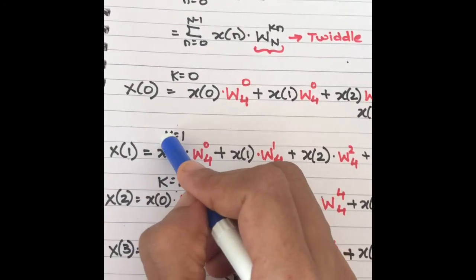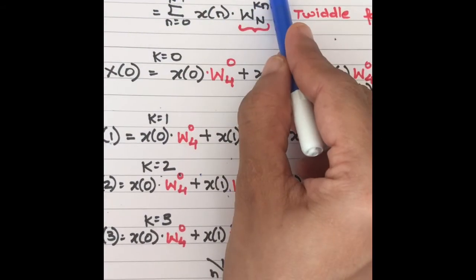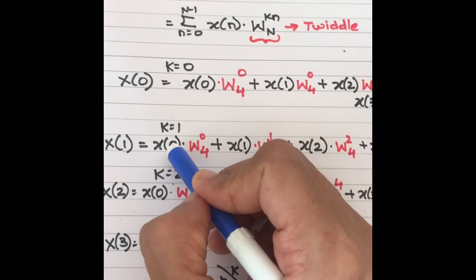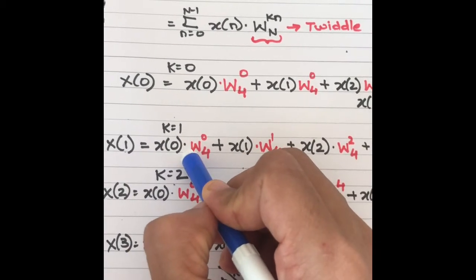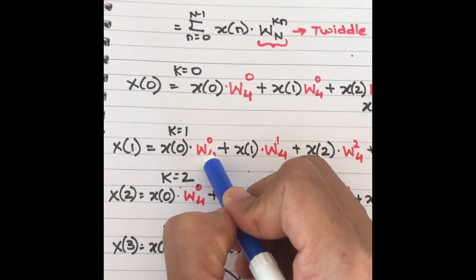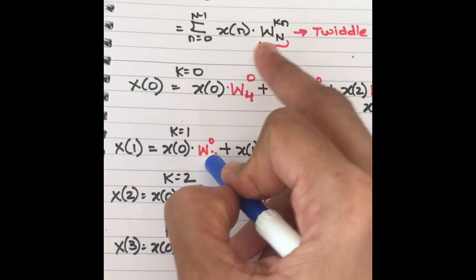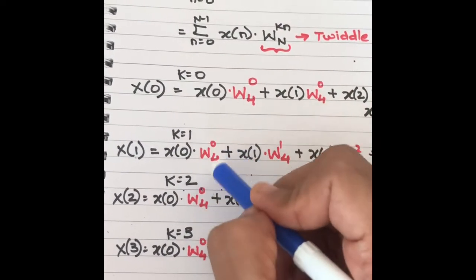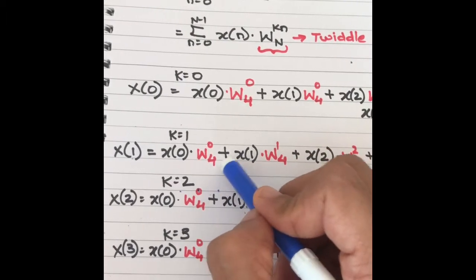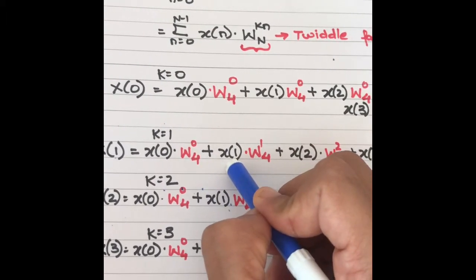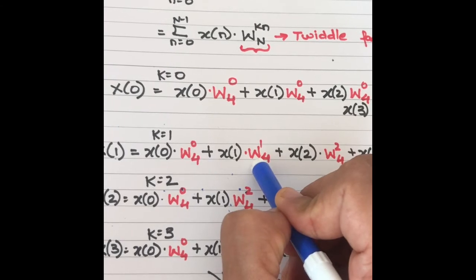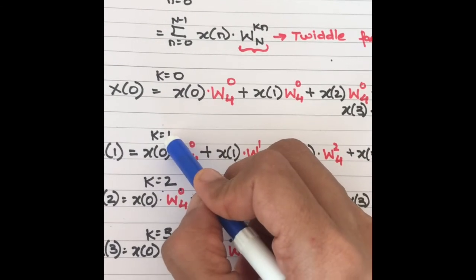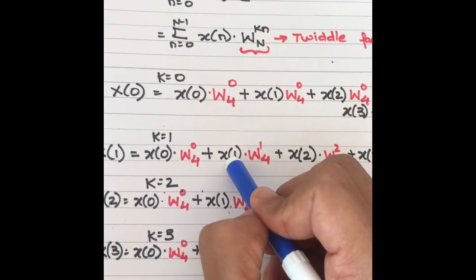Then I substitute k is equal to 1 and try to open the summation. So for n is equal to 0, x of 0 into, now here for the first sample, n is equal to 0. So n is 0, k is 1. So it will be W04 plus x of 1 into, k is 1, n is also 1.